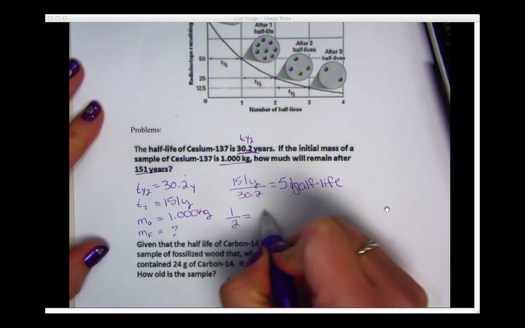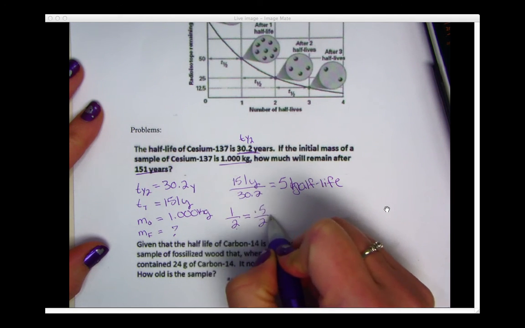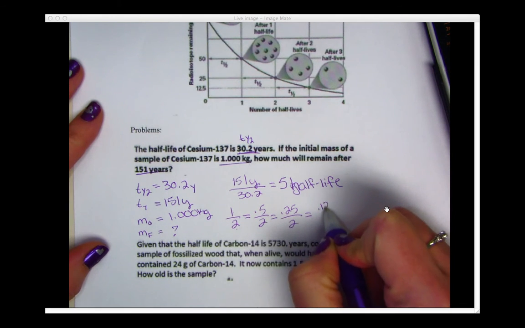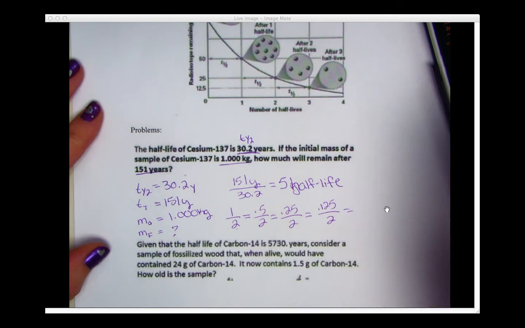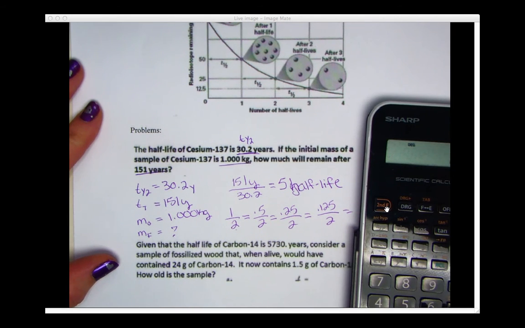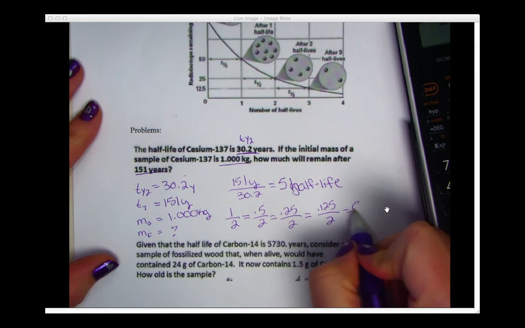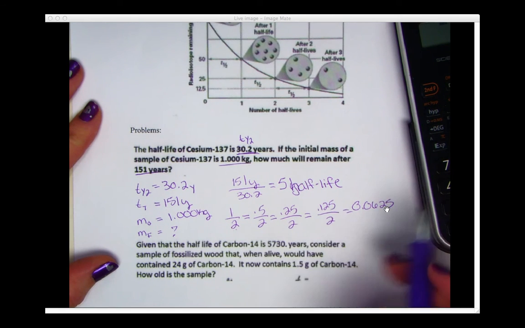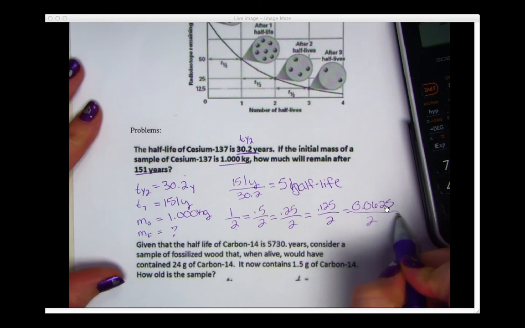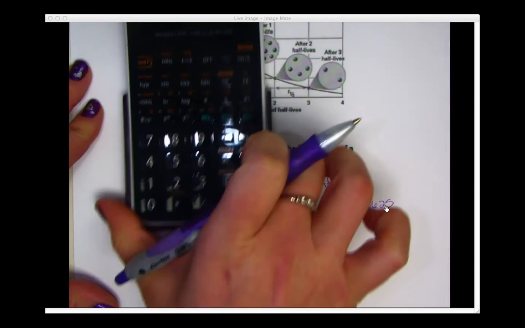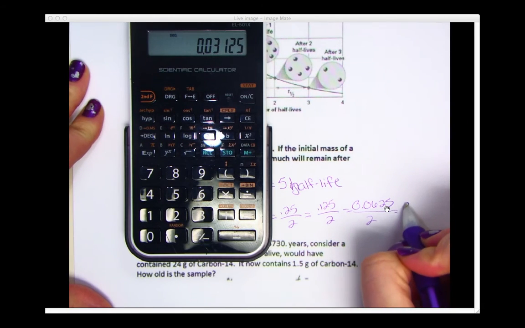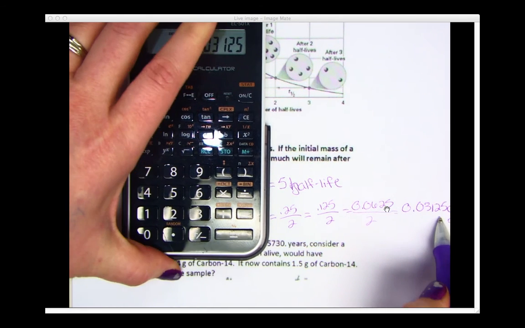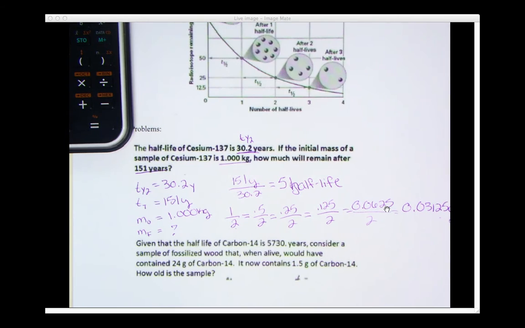So 1 divided by 2 is 0.5, divided by 2 is 0.25, divided by 2 is 0.125, divided by 2, I can't do it in my head anymore, you get 0.0625, but we've only done it 1, 2, 3, 4 times, so we need to do it one more time, and we get 0.03125 kilograms. We have 4 significant figures given to us in the problem, so we are done.